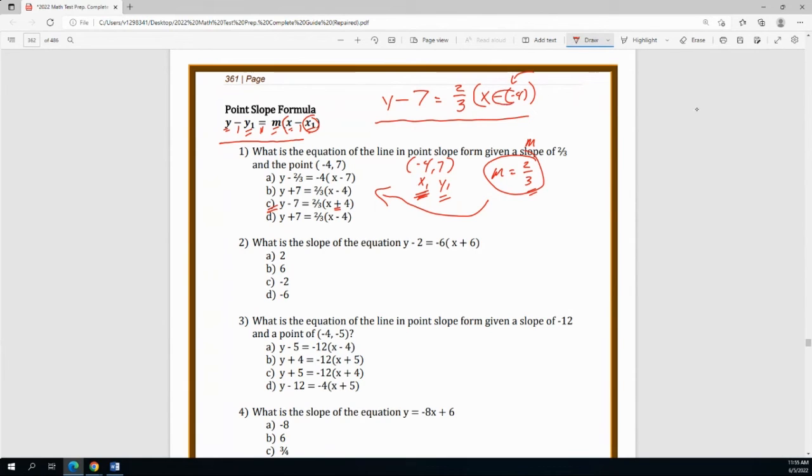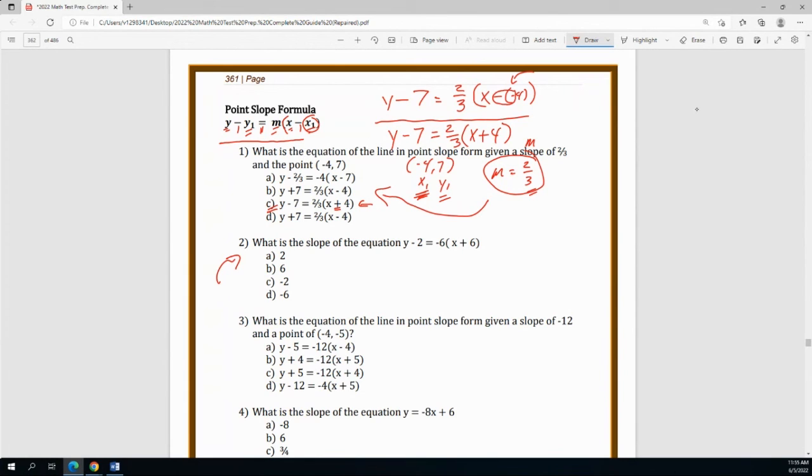You're subtracting the negative. Do you see that? So doesn't that mean add back? It does. So let me rewrite. y minus 7 equals 2/3 times x plus 4. Now, doesn't it look like this one? Yes, it does. Let's look at the next one.